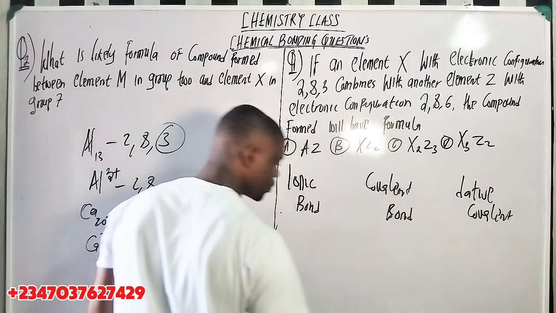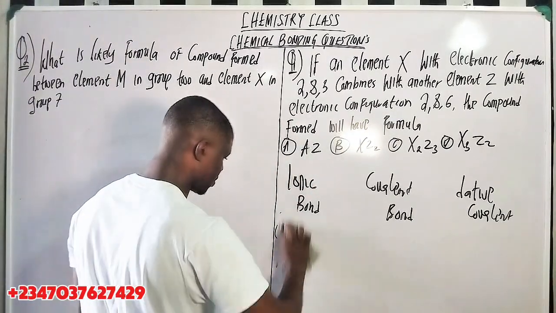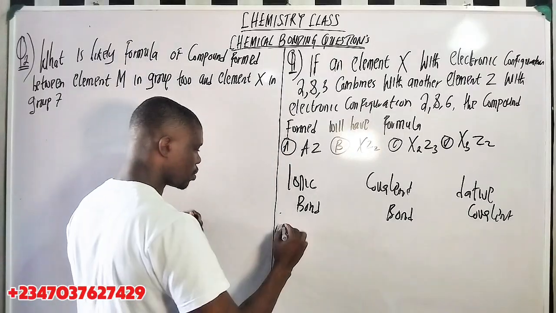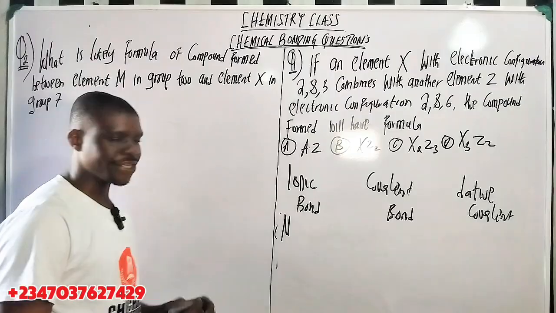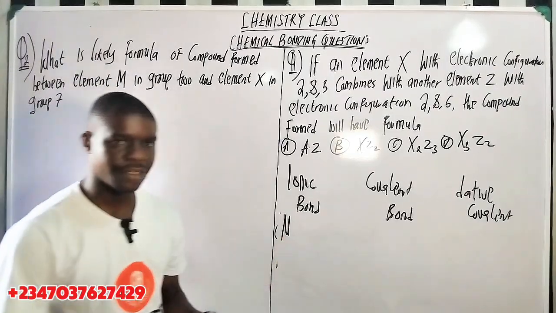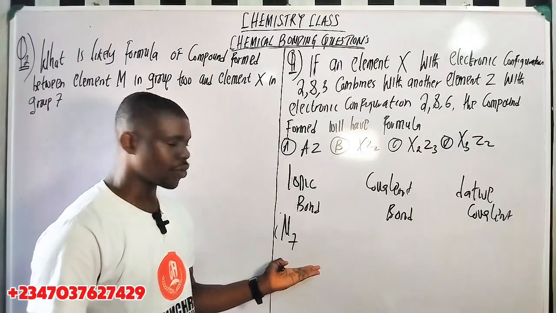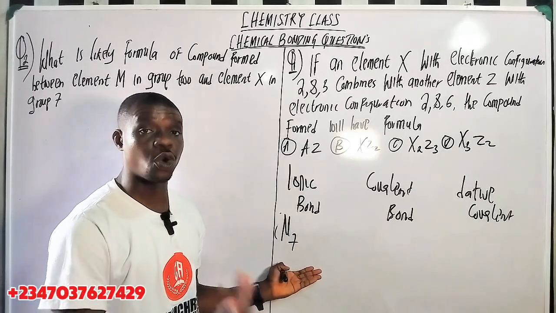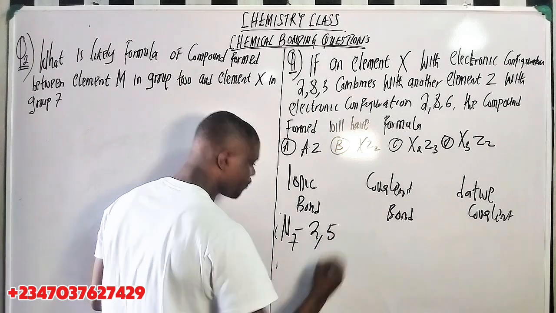For example, you have nitrogen. Nitrogen is 7. If you write the electronic configuration, it is going to be 2, 5.